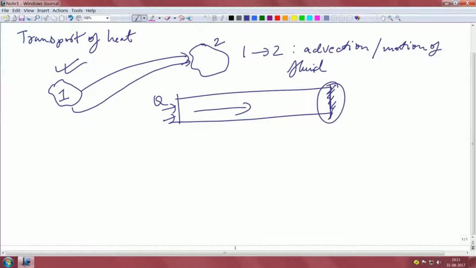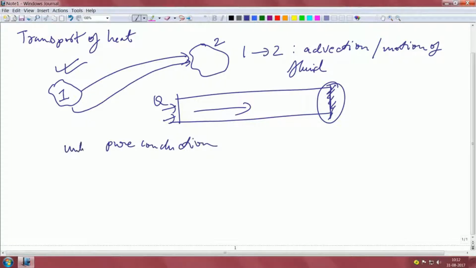So convection, as you can understand, is a much more enhanced process, because there is a bulk motion involved. It is not a slow process, it is actually supposed to be a little fast compared to pure conduction.